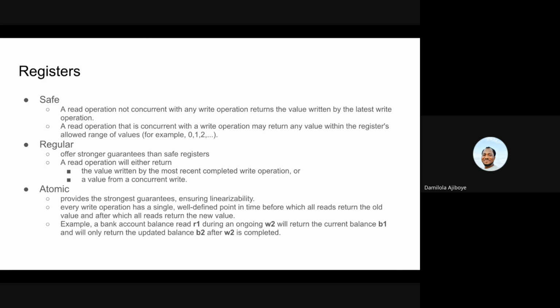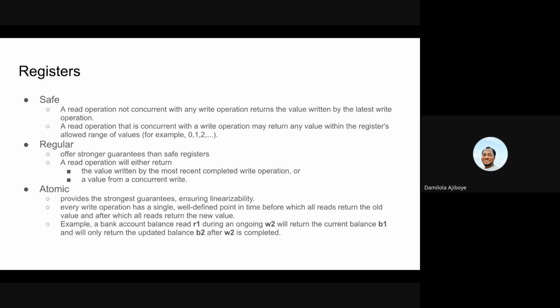I know we discussed this on the channel. The range means the range of values that are allowed to be stored in a register. The simple example is a binary register, meaning you can only store two values, 0 and 1.